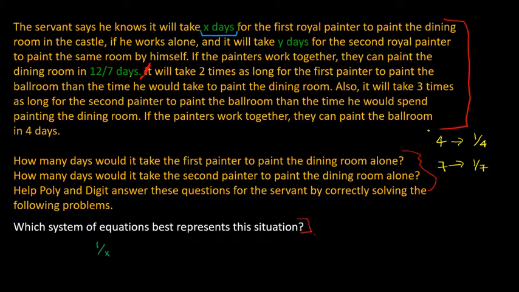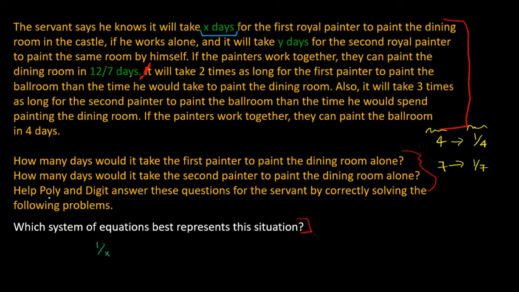Instead of talking about the number of days it's going to take, I say what amount of the work I can get done in 1 unit of measurement. So instead of having an x in my equation to say x days, I'm going to have 1 over x to say I can get a 1 over x portion of the job done.